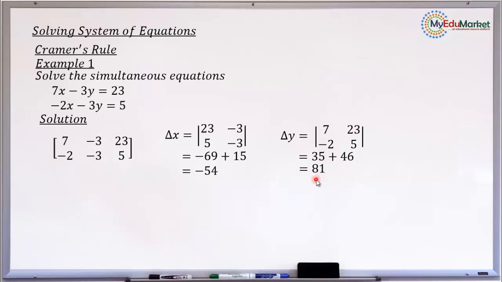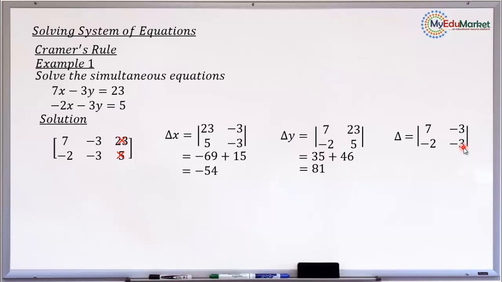So next is to get delta. To get delta, that is the determinant of just this matrix I obtained after deleting the column containing the constant term. So I'm going to have these entries remain. So the determinant of that very matrix is going to be 7 minus 3 and minus 2 minus 3.